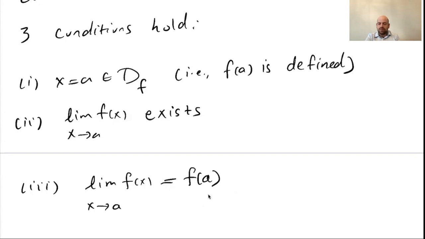You cannot have something undefined. And the value of this limit must be equal to the value of the function at the point. So if f of a exists and the limit exists, and the values of f of a and this limit are equal, then we can say that the function is continuous at the point a.